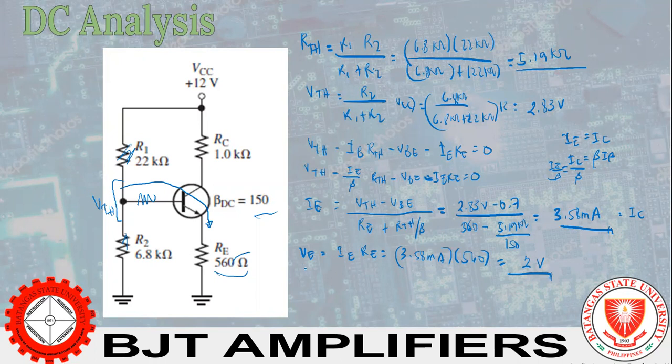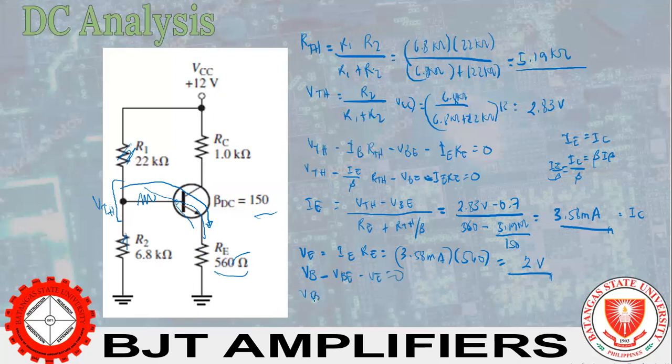So kuhanin na rin natin si VB. So yung VB natin is VB minus VBE minus VE is equal to 0.